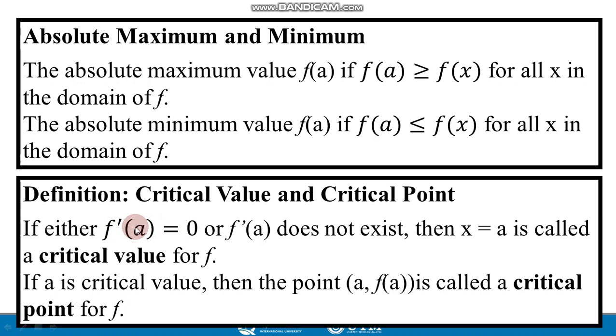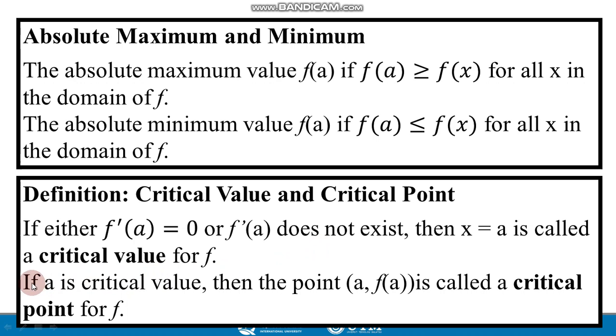Here, if the derivative of the function at a point a is 0, or if the derivative of the function doesn't exist at the point a, then we say x equals a is called the critical value for f. That means a is the critical value for f if f prime equals 0 or f prime doesn't exist.